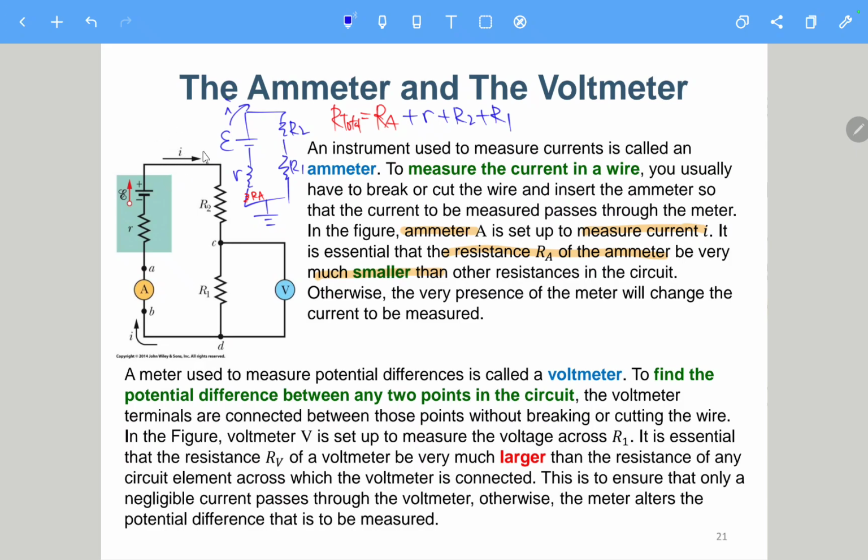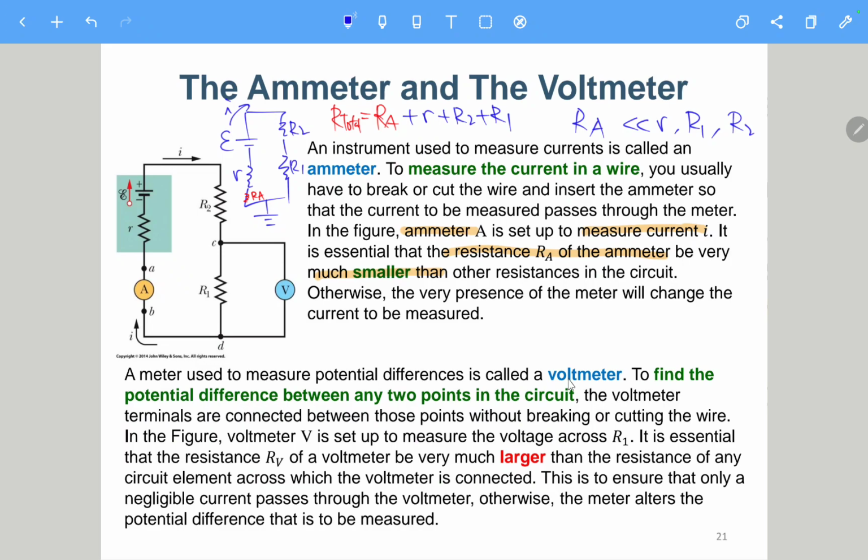That doesn't make sense, because you want to measure the current without this effect. So even though RA is not 0, you hope it is small enough that it won't change the condition of the circuit. That's why RA should be much smaller than R, R1, R2.